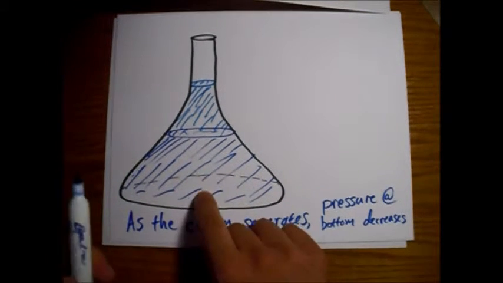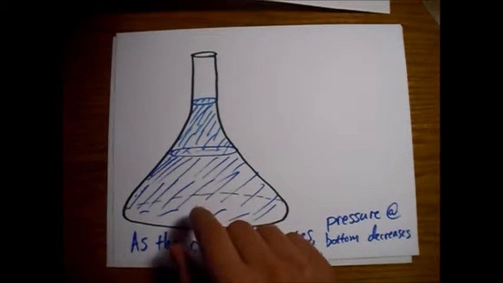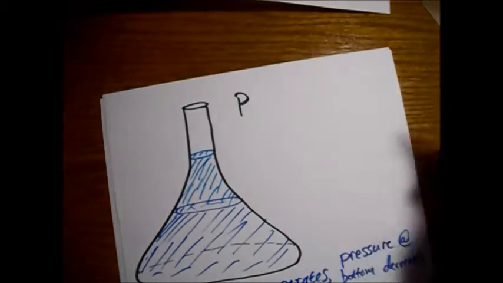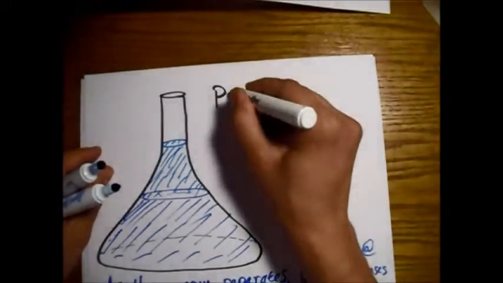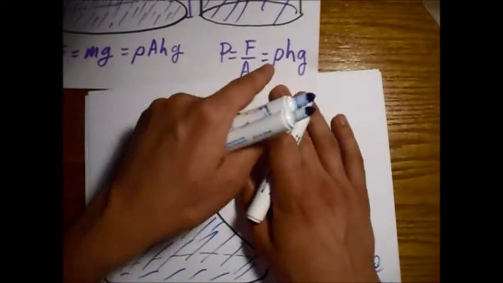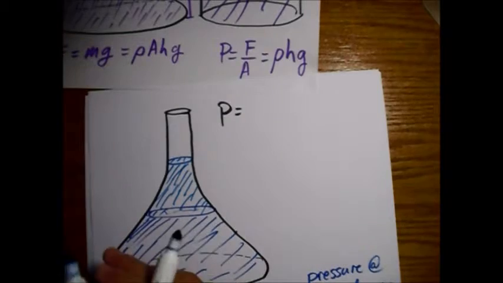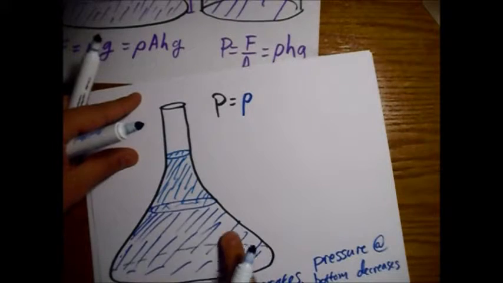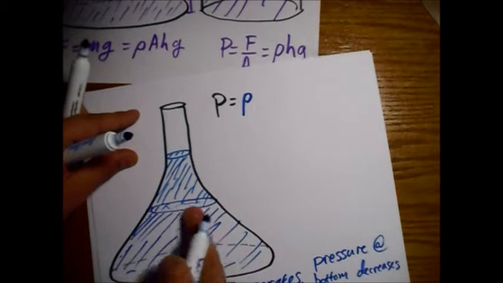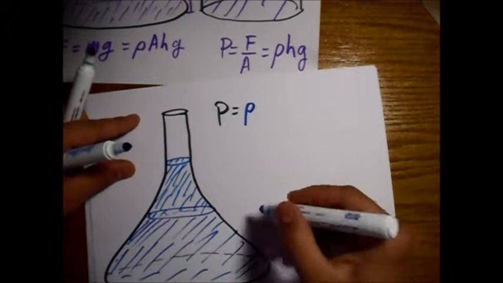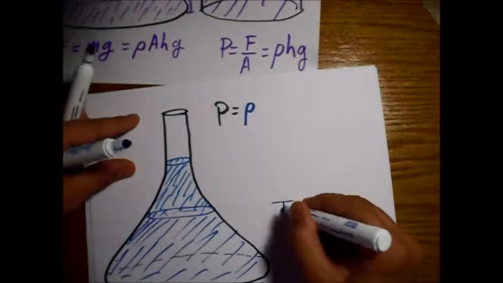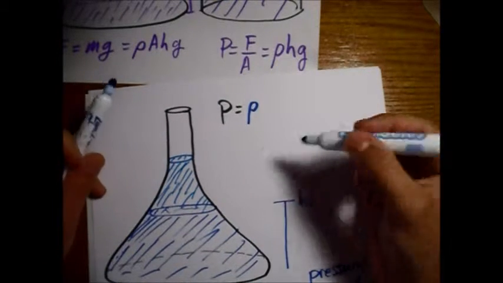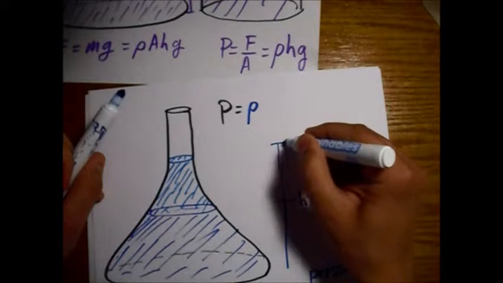If we look at the pressure down here at the bottom, I'll just call that P, and we look at our equation for pressure, rho H G. We have the rho of the denser milk down here, and let's call this H1, and then up here we'll call this H2.